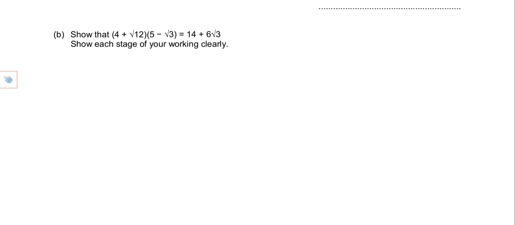So with these third ones again, we're looking at this show that thing again. Now this one doesn't have any unknowns in it. Because there's no unknowns, we could actually work on the right hand side and get to the left, or we could work on the left and get to the right. Factorising with surds we've not really done.